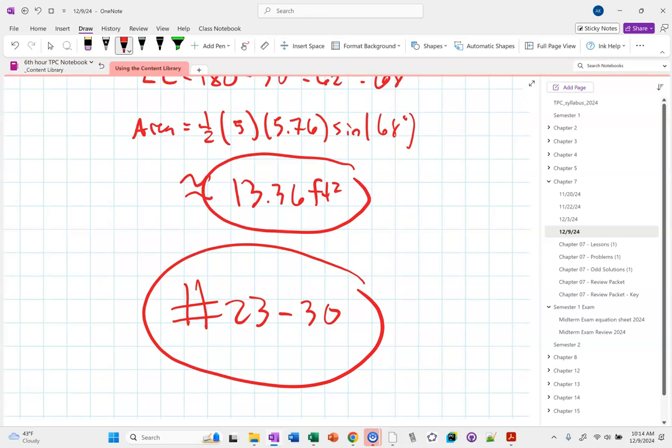I also put in the OneNote under the semester 1 exam the equation sheet that you'll get for the exam. Like I do on a lot of the tests, all the equations that I'm going to give you on the exam are there. So you know whether anything not listed there is something you're responsible for memorizing.